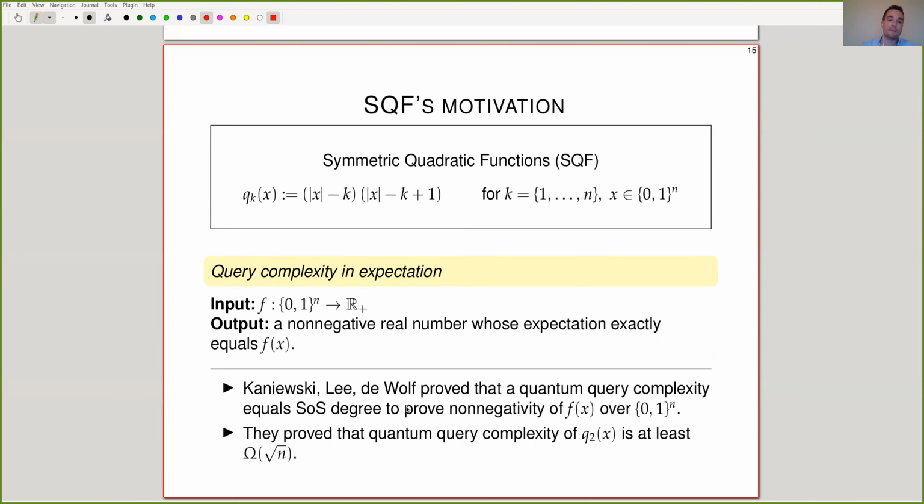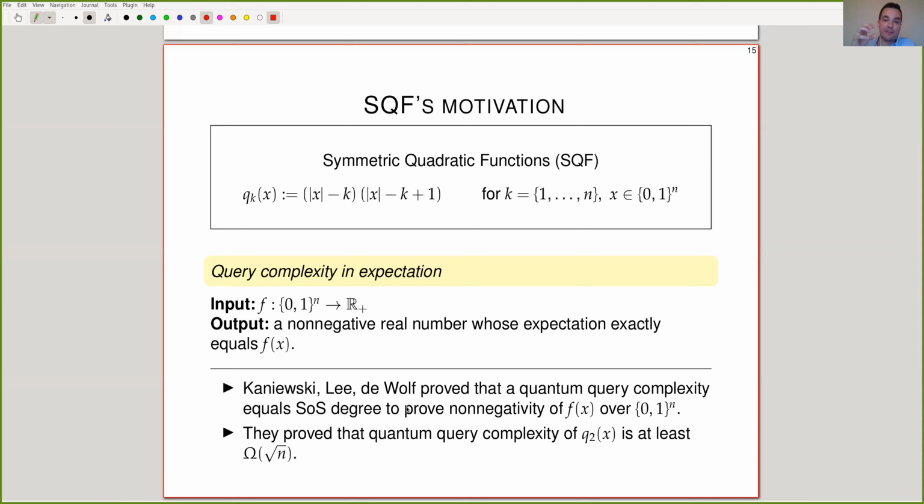The next motivation comes from query complexity and expectation. In this problem, the input is a function over the vertices of the Boolean hypercube, and the output is a non-negative real number whose expectation exactly equals f of x. Kaniewski, Lee, and de Wolf proved that the quantum query complexity equals the sum of squares degree to prove non-negativity of this function f of x.